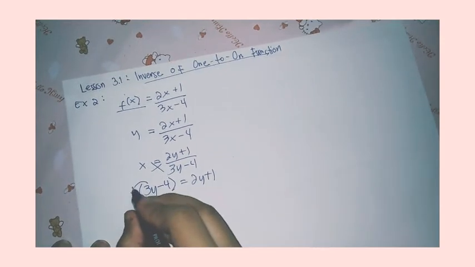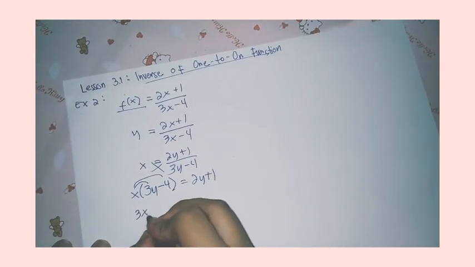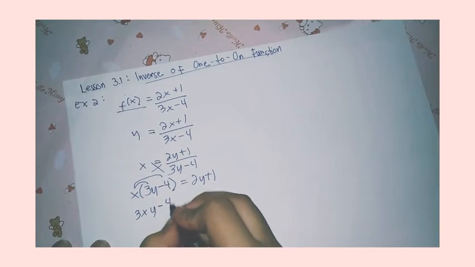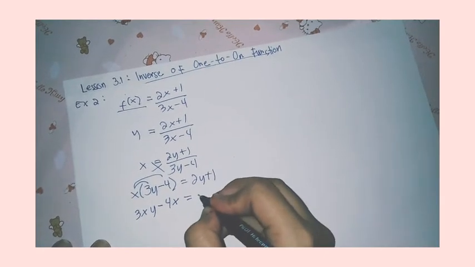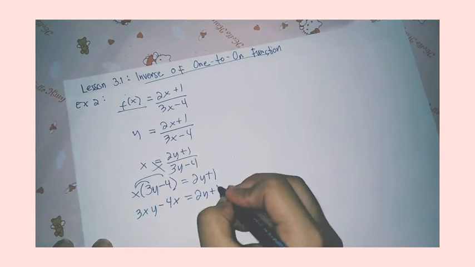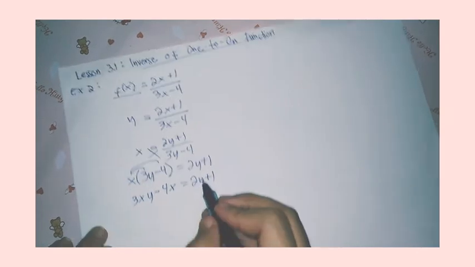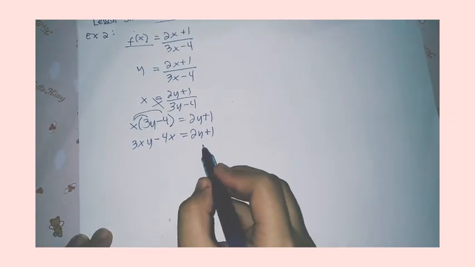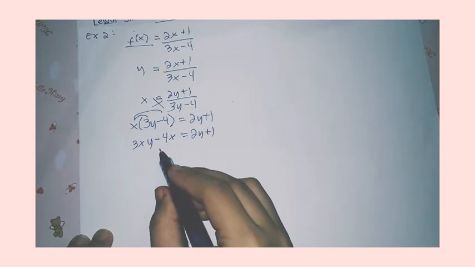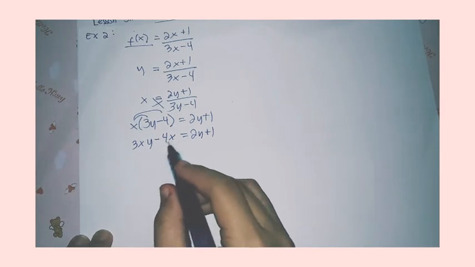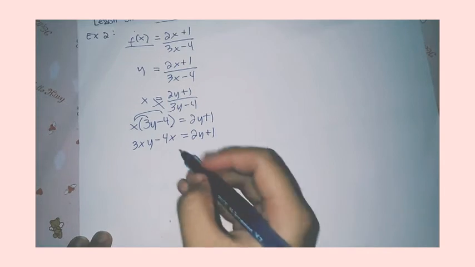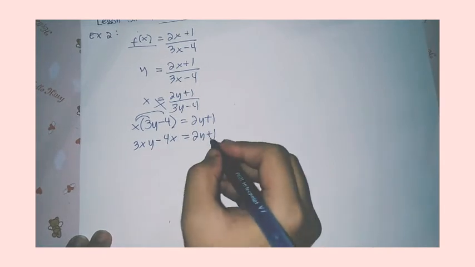Then distribute this. 3xy minus 4x is equal to 2y plus 1. Then transpose the 2y here. Then transpose the negative 4x to the other side.